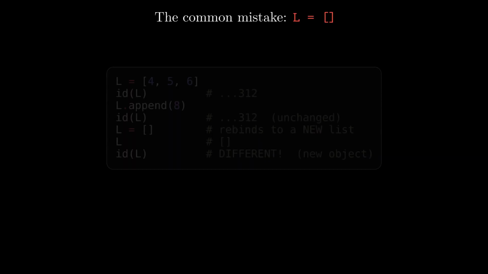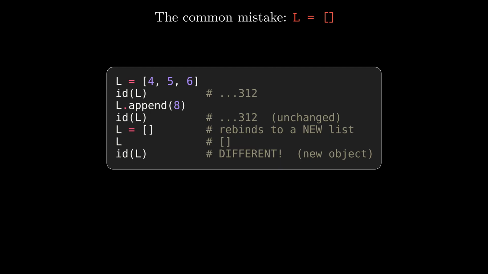Now the common mistake. Fresh start, L is [4, 5, 6] again, and this time its id ends in 312. Append an 8 to confirm the address holds, still 312. The same object mutated. But now, instead of clearing, we write L equals an empty list using the square brackets, get the id again, and it is different, no longer 312.